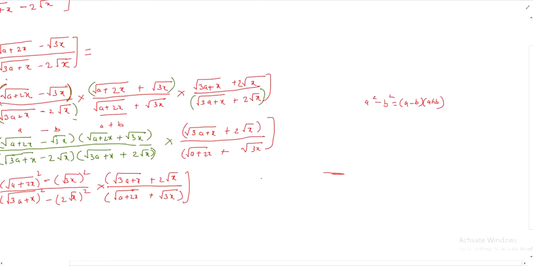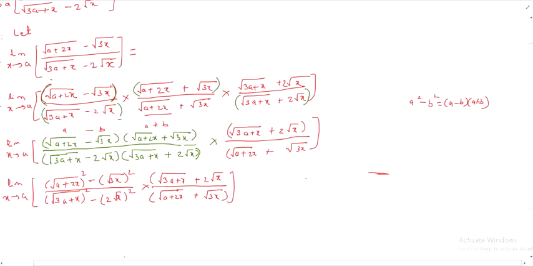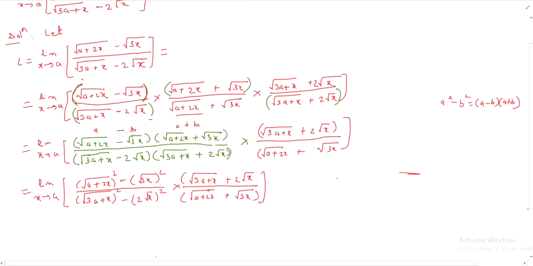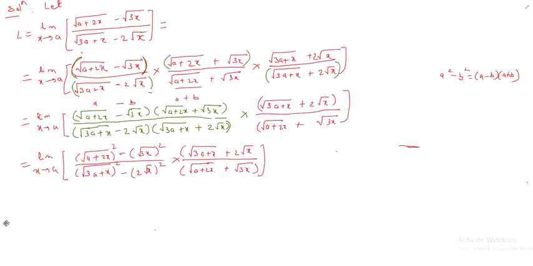The next step will be, let us see here, L is equal to limit x tends to a, here in bracket, square cancels square root by the laws of indices, minus, again square cancels square root, we get 3x only, upon, again square cancels square root 3a plus x minus square cancels square root 2, now square of 2 becomes 4 and here we get 4x, okay.